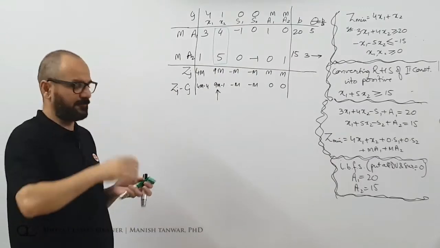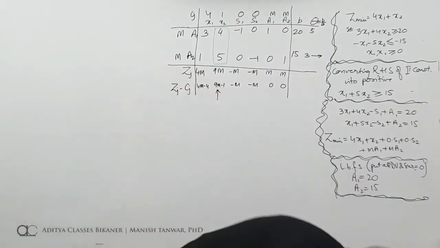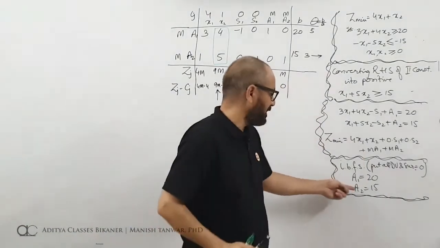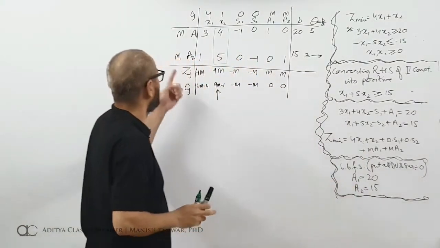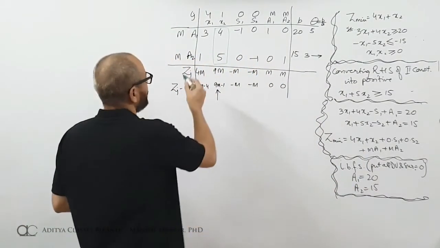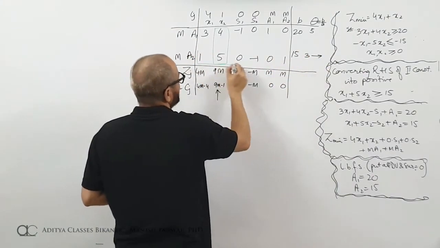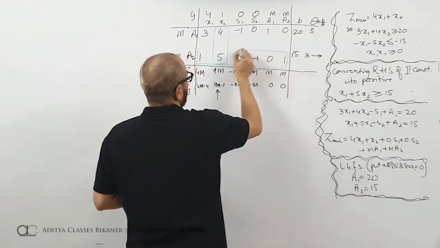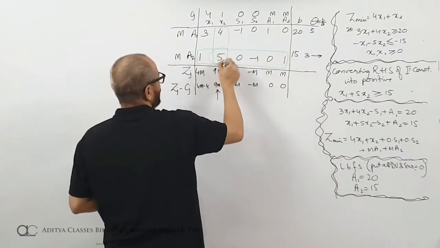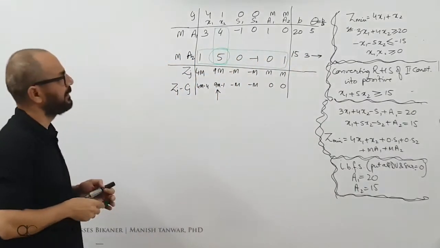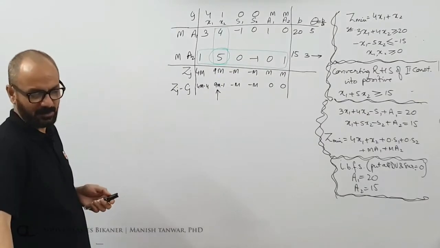A2 is going out of my solution. I had A2 in my IBFS, but now A2 is going out because it is the smallest ratio in theta. This becomes my key row and this becomes my key element. Now what next?